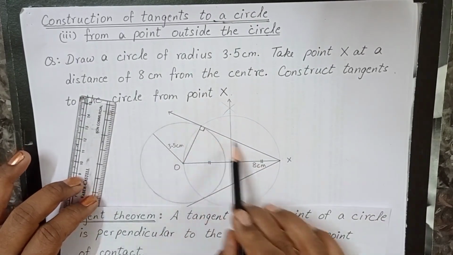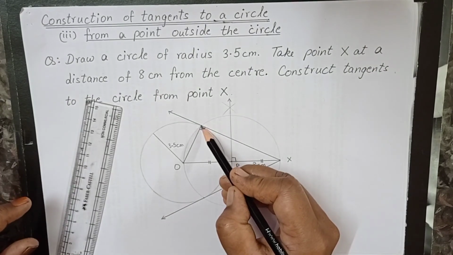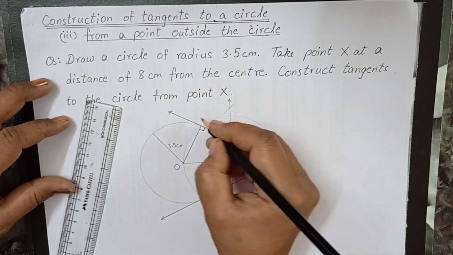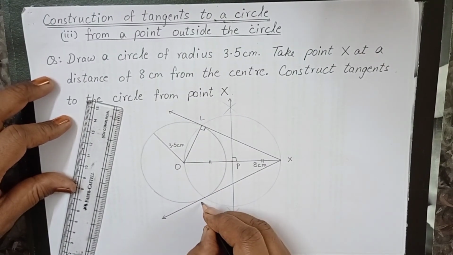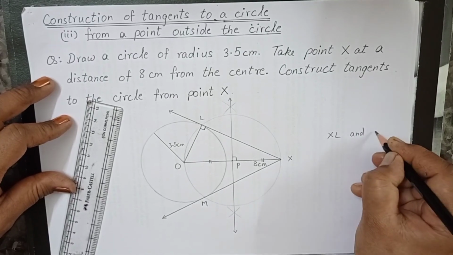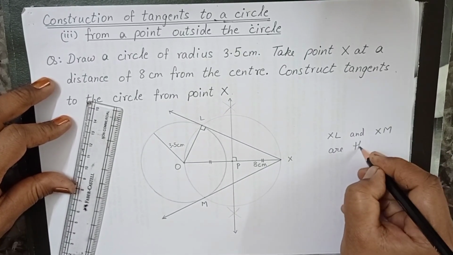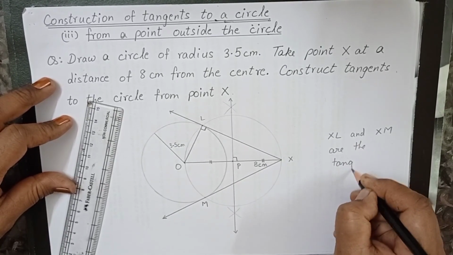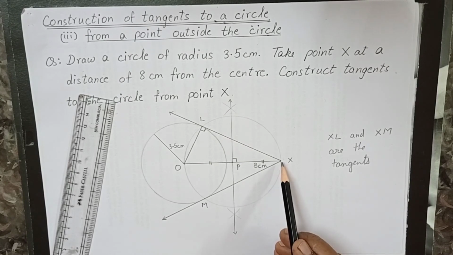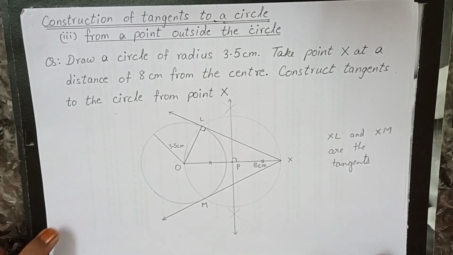This is a line which is touching the circle at one and only one point, and this is a 90 degree. So this is a tangent. So if I name it as L and M, then XL and XM are the tangents which are drawn from a point which is lying outside the circle. So this is the third type of construction of tangent to a circle.